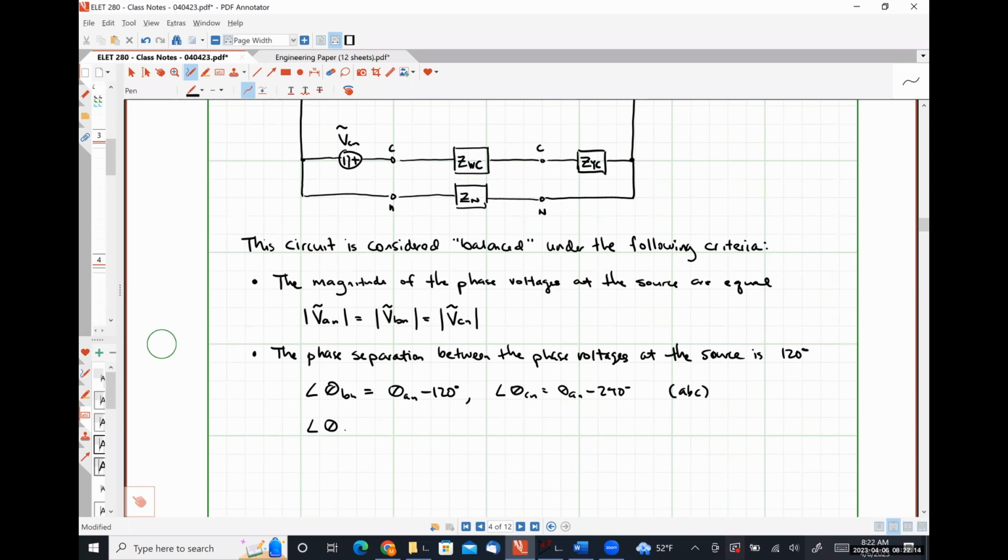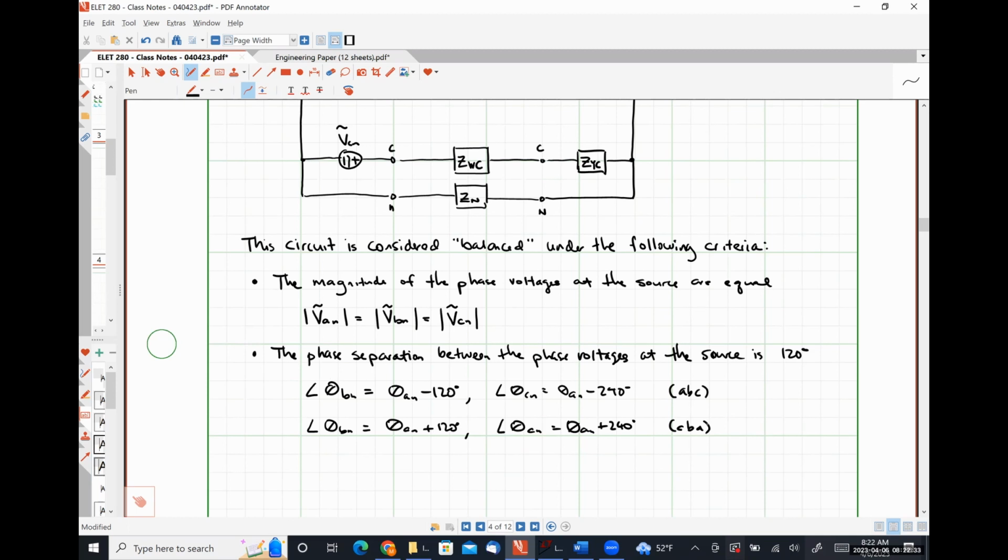Or theta BN will be theta AN plus 120 degrees, and theta CN will be theta AN plus 240 degrees for a negative phase sequence.